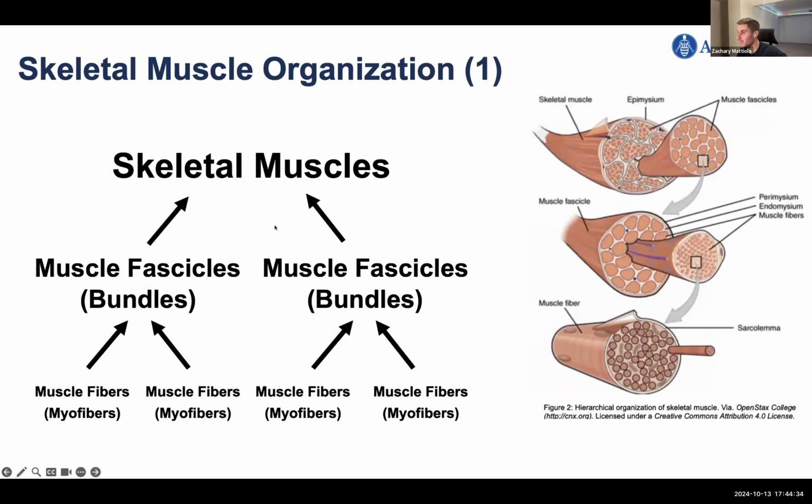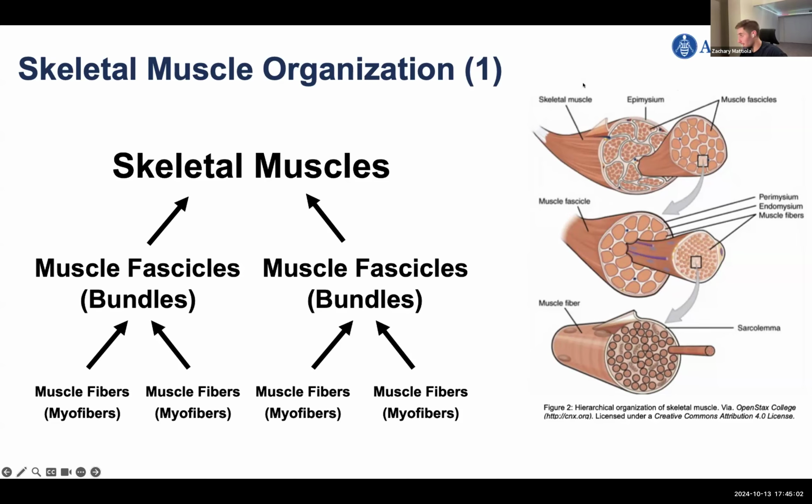Okay, so now a little bit into the organization of the skeletal muscle. I talked to you a little bit about the muscle cell or the muscle fiber. That's basically the fundamental unit of muscle organization. When a bunch of muscle fibers come together, they form what's called a fascicle. So here's one muscle cell, and it's joined together by a bunch of other muscle cells, and they form a fascicle.